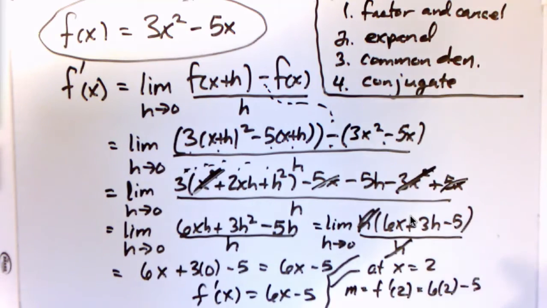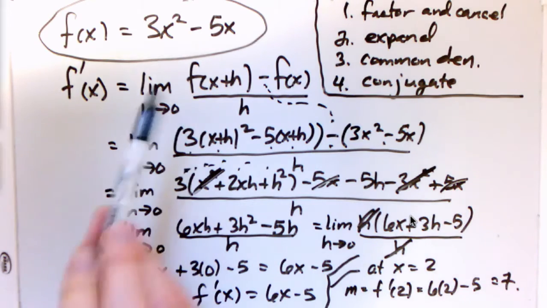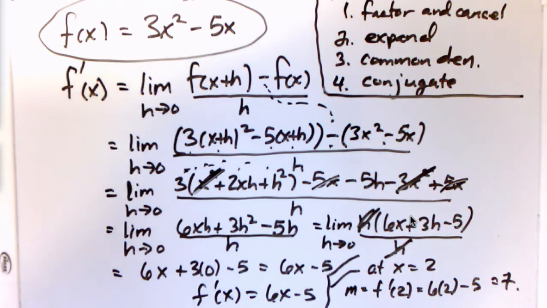I can just use my derivative formula now. So that's one reason why we would like to have that formula. Now if I want the slope at a different point, I just use the formula. I don't have to repeat the entire calculation. So that's an example of finding the derivative from the definition for a polynomial function.